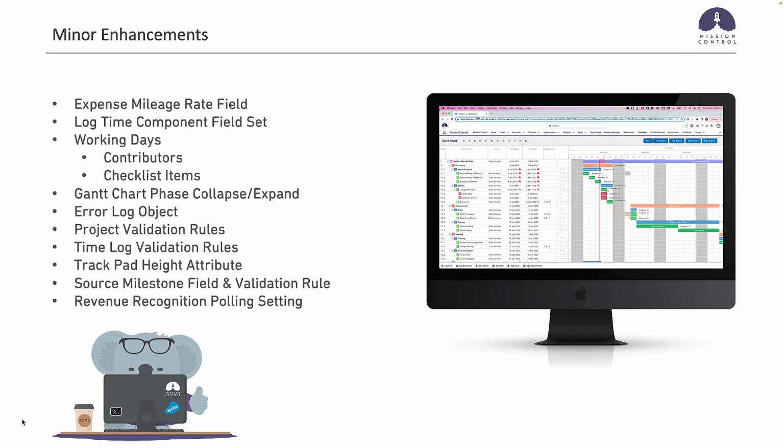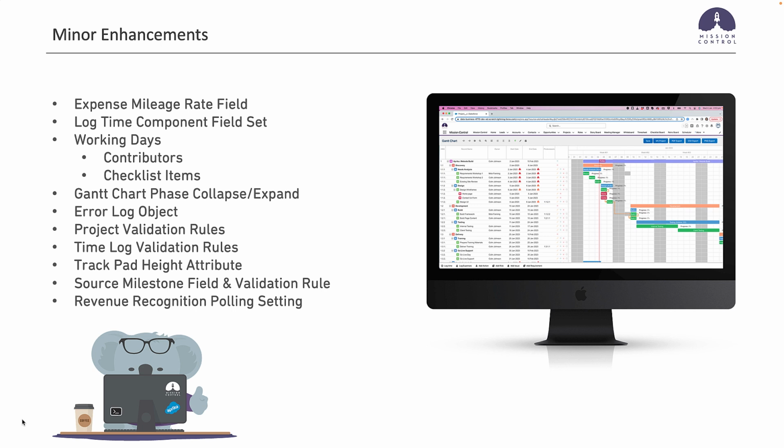The field set on the log time component that allows you to add and customize which fields appear in that log time component has been updated to now support cross object field updates from the case object. So for example, if I'm logging time and I'm relating that time log to a case, I might also need to actually go and change the status of the case.